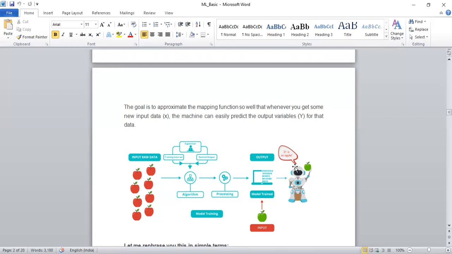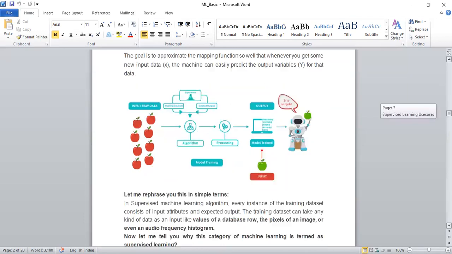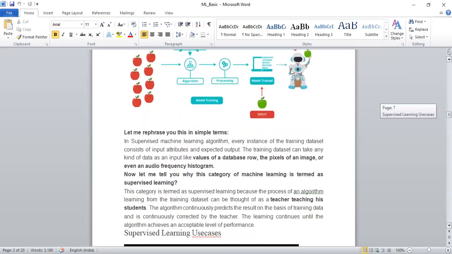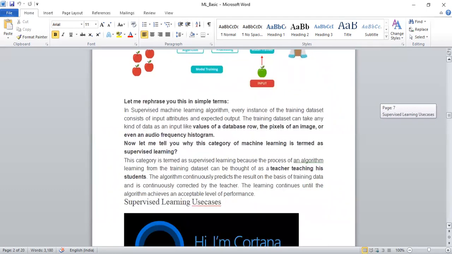When input data X is fed, the machine can easily predict the output variable Y. In a supervised machine learning algorithm, every instance of the training data set consists of input attributes and expected output, that is the predicted output.